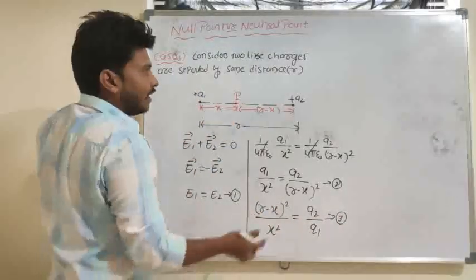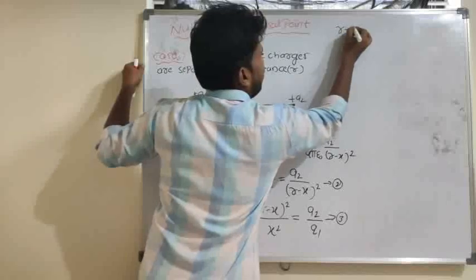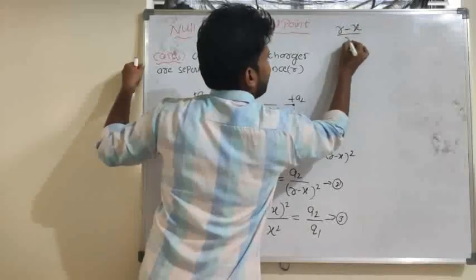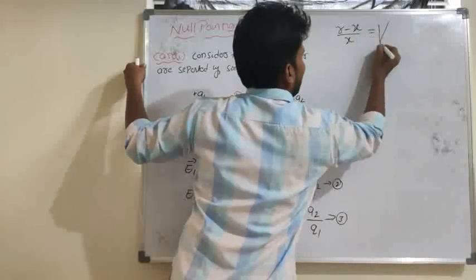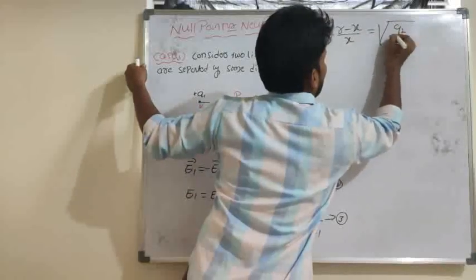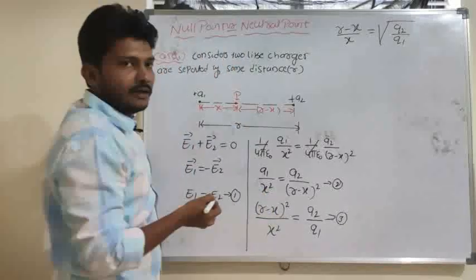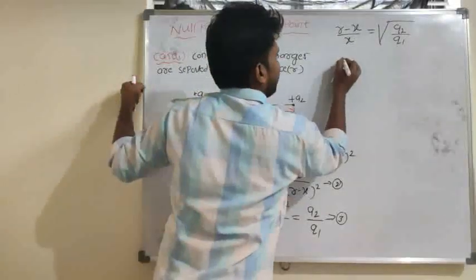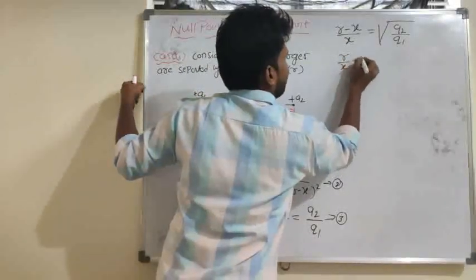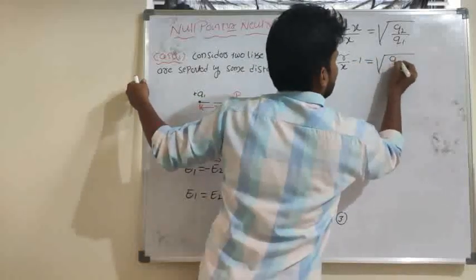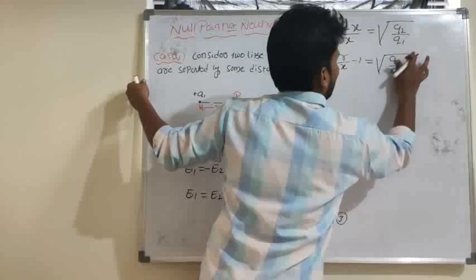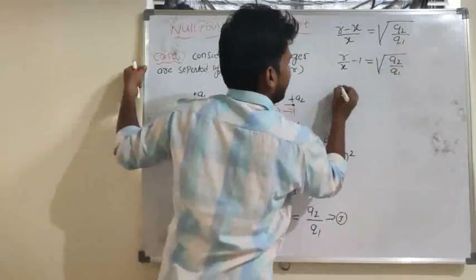Then r minus x divided by x is equal to the square root of q2 by q1. Further simplifying, r by x minus 1 is equal to the square root of q2 by q1.